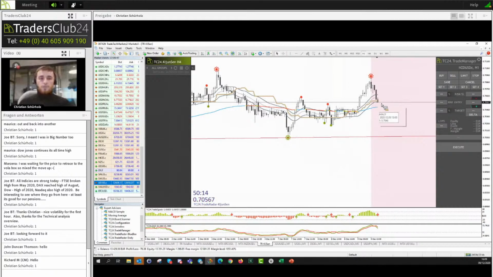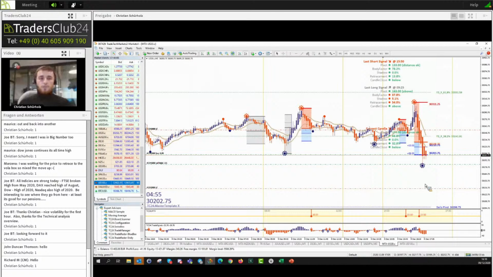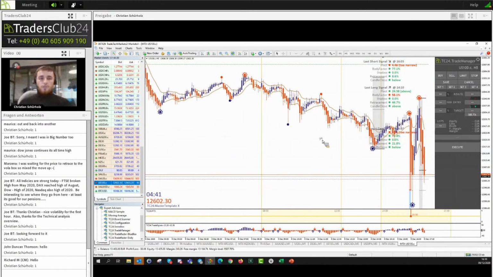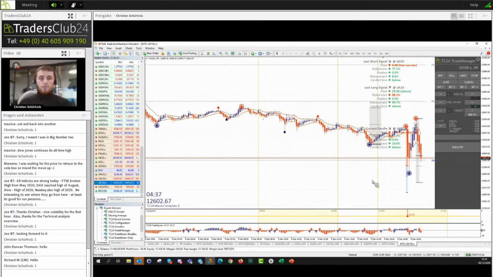Continuing to fall here. So we're out of that trade here on USD. 0.25% there added up.